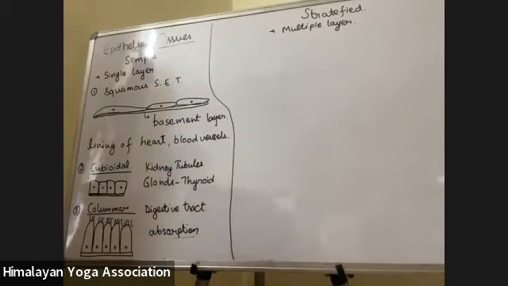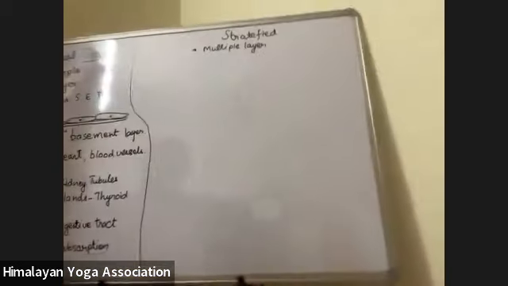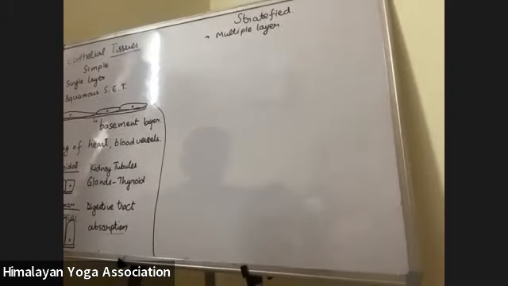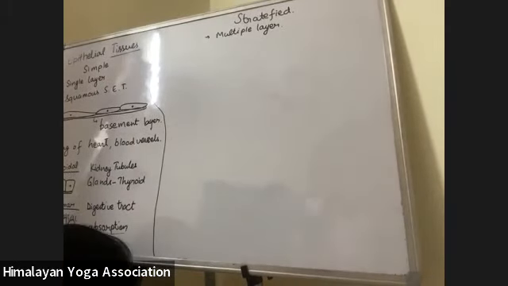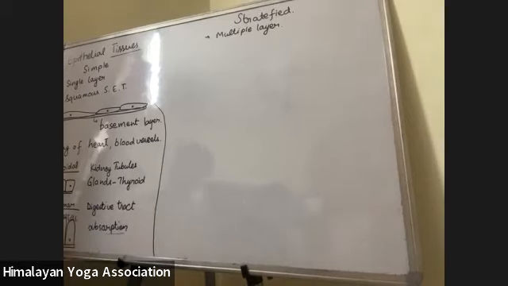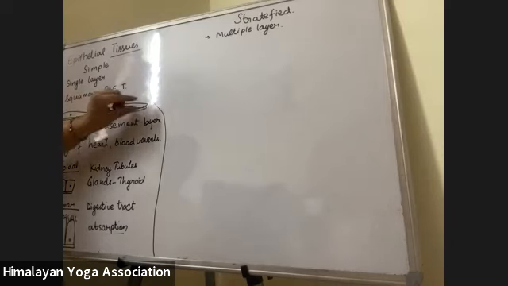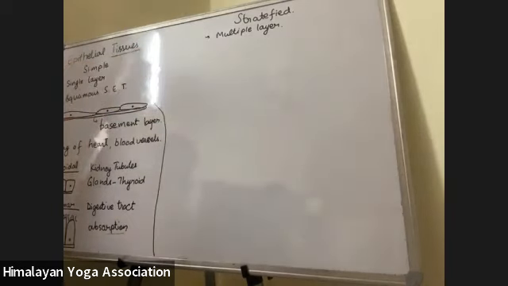This is simple epithelial tissue. Now let's see the stratified. Stratified has multiple layers of cells. Like here we have a single layer, but in stratified we have multiple layers.